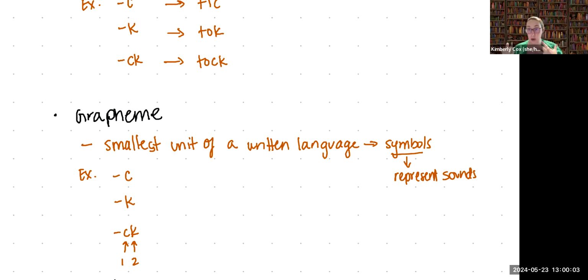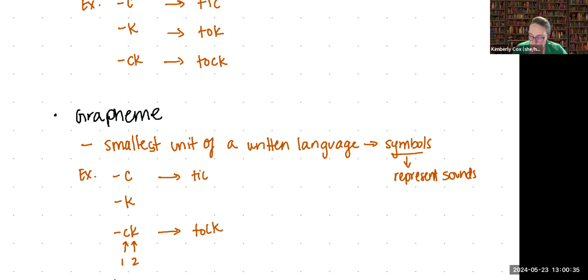But what they allow us to do is put sounds into language to start creating words. So all words are made up of graphemes. So for instance, we might have tick, talk, right? These are words made up of graphemes.